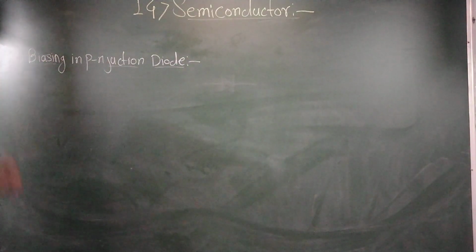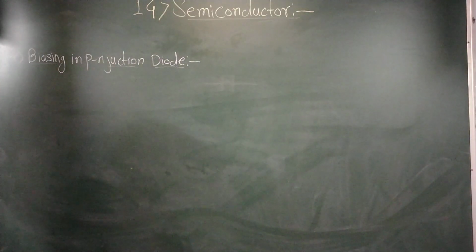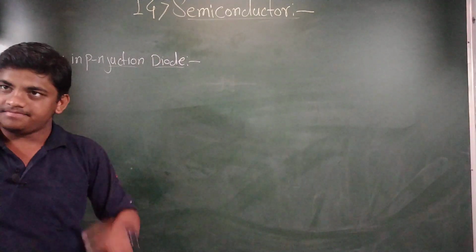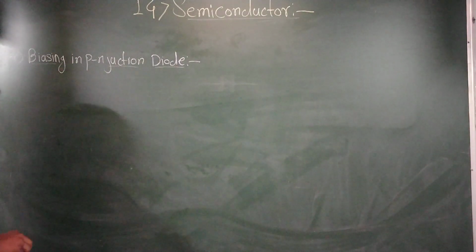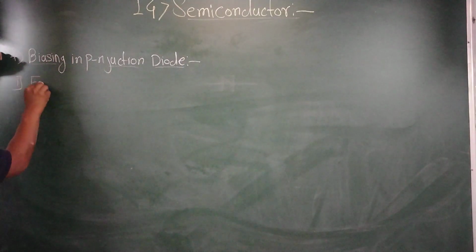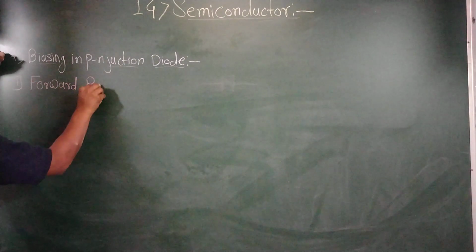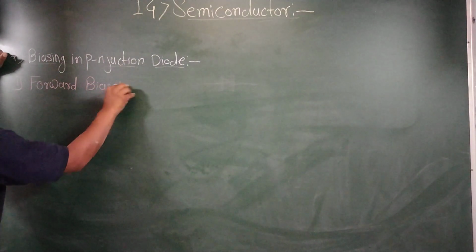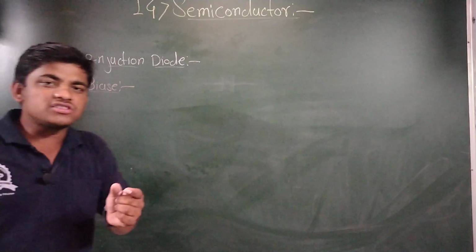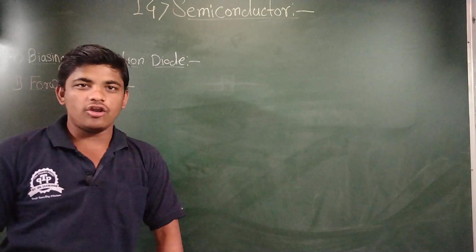Here the cathode represents the negative terminal, like an N type semiconductor, and the anode represents the positive terminal, like a P type semiconductor. The first heading is forward bias. Forward bias means when the positive terminal of the external supply voltage is connected to the anode.